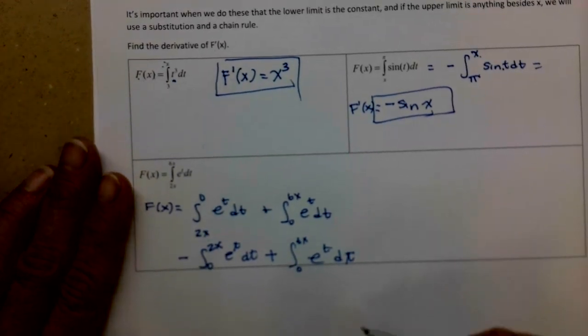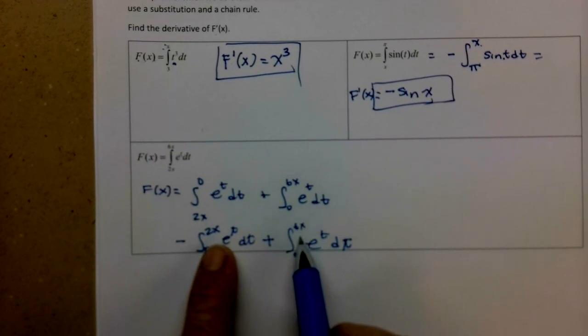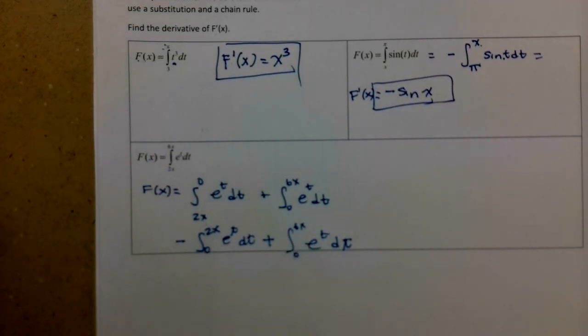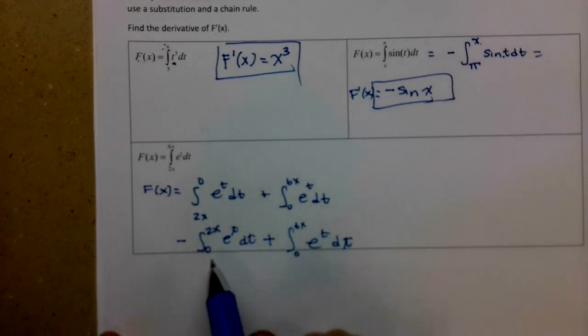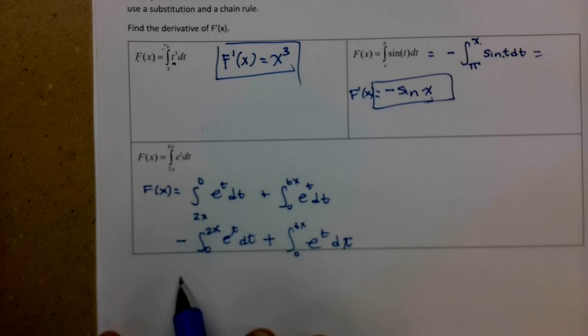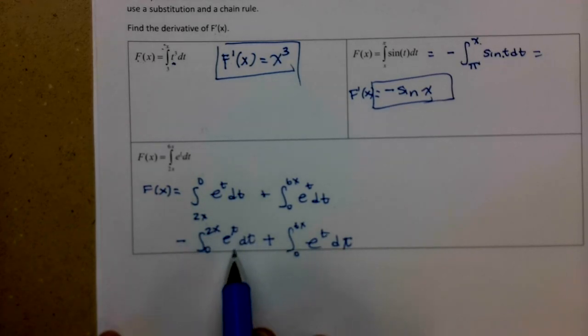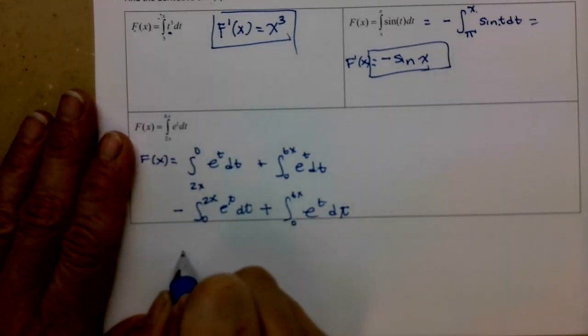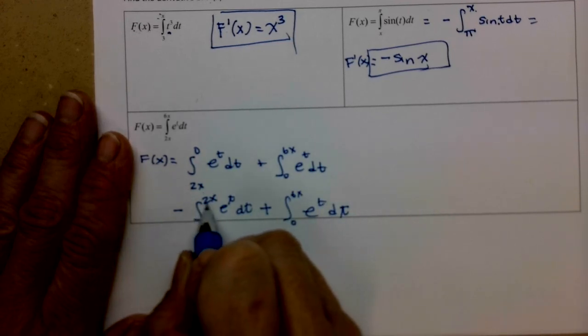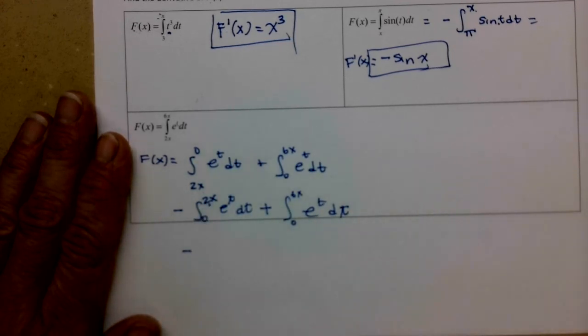Oh, sorry. Okay. So now it's not just x. Yikes. So that means when I go to substitute, when I go to do my chain rule, I'm going to get an extra times the derivative of what that top is.